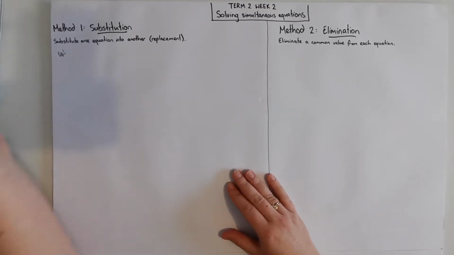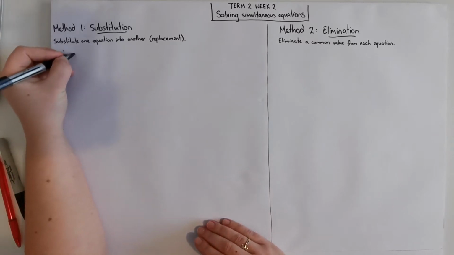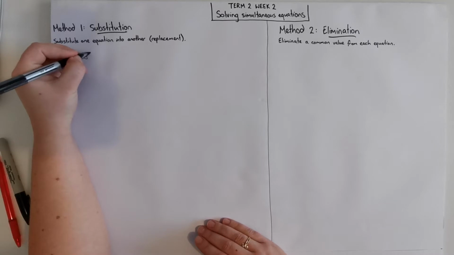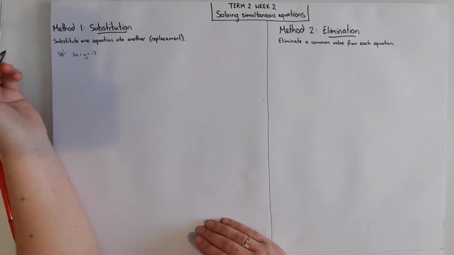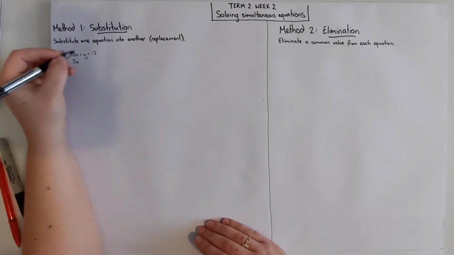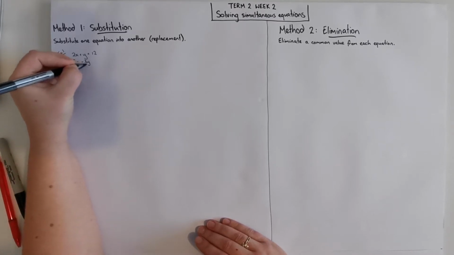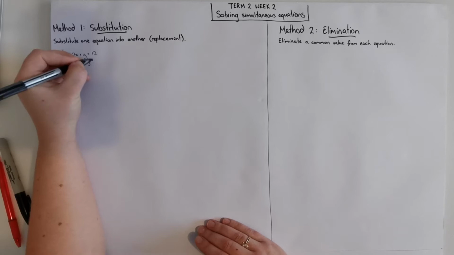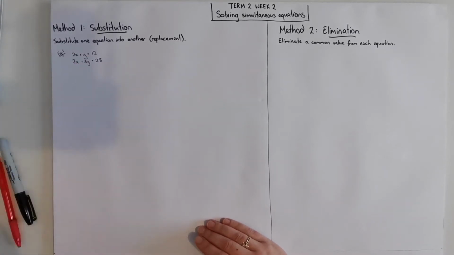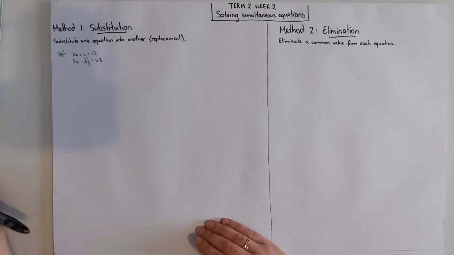So, let's start with an example. We might have two equations. First one might be 2x plus y, let's say that equals 12. And our second equation, let's keep this simple, might be 2x minus 3y, and let's say that's going to equal 28. So, we've got a couple of different options here.